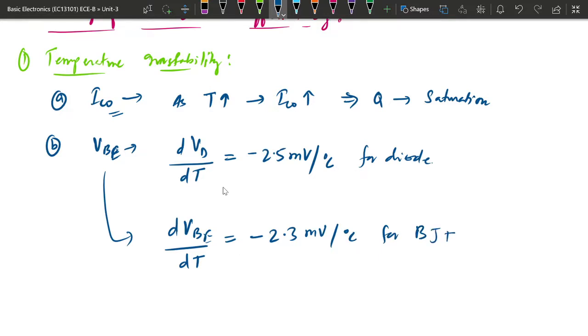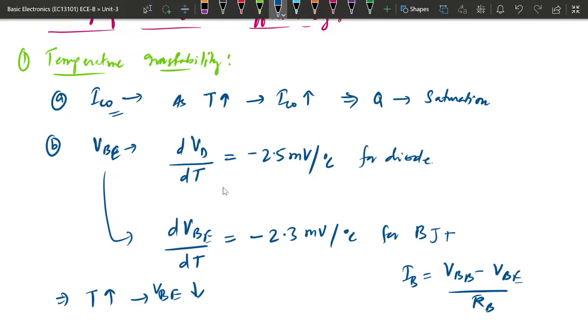That means if temperature is increasing, then the VBE value will be decreasing. If we decrease VBE, then by using the current equation, like in the previous circuit, we have seen the current IB was given by VBB minus VBE divided by RB.